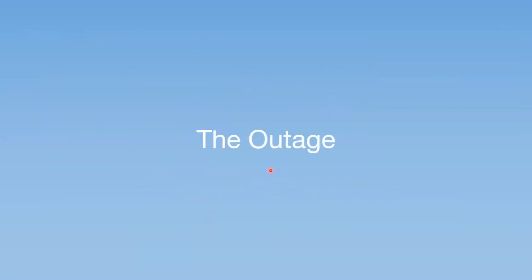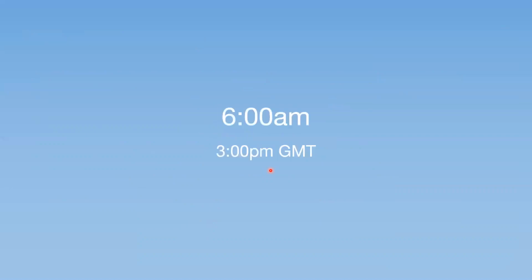Okay, so that's enough about the background of how Slack is built. So let's have a look at the outage now. Our story begins at 6 a.m., or 3 p.m. London time.